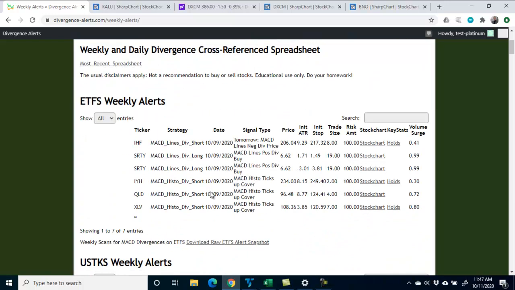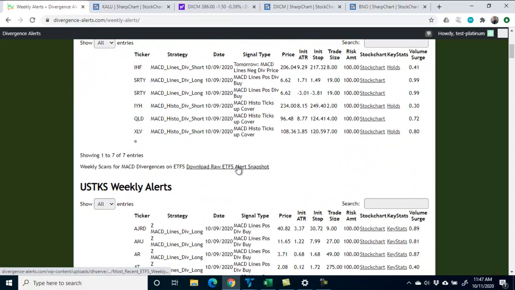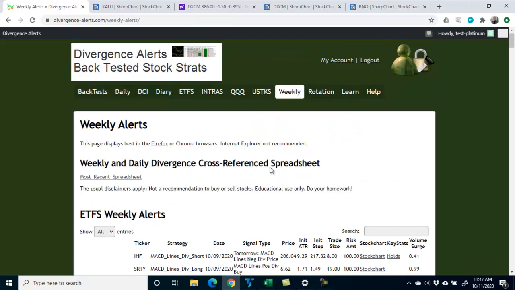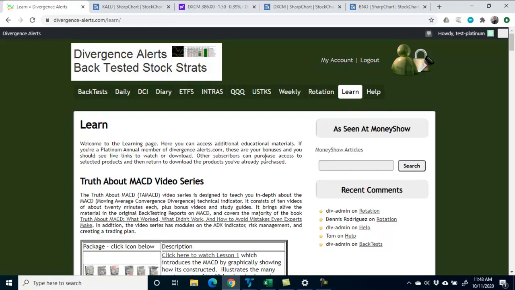You can also download CSV files of these alerts if you want to hang on to them, or you want to do your own sorting through them. Other elements, there's the rotation, which is covered in another video. Learn has a whole bunch of information, videos and reports. Everything on here is added as a bonus to annual subscribers at the platinum level.